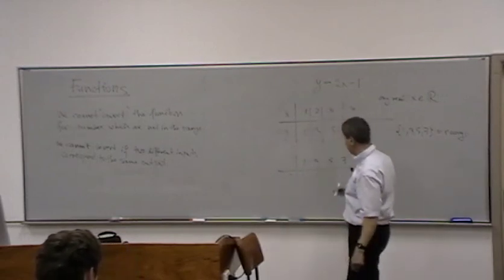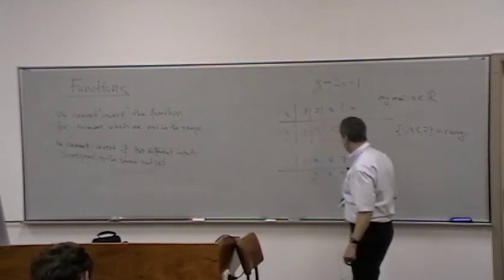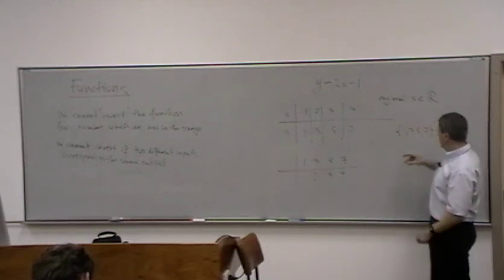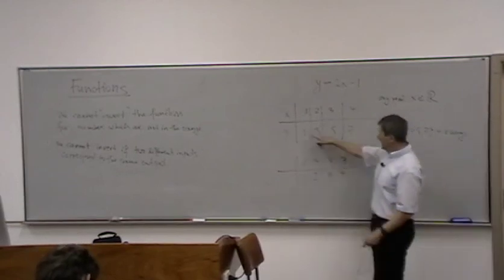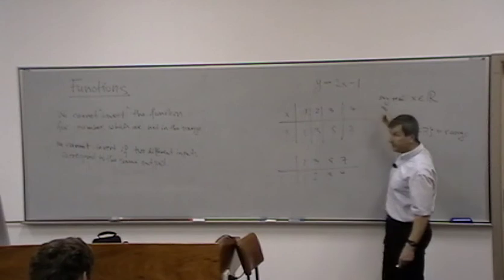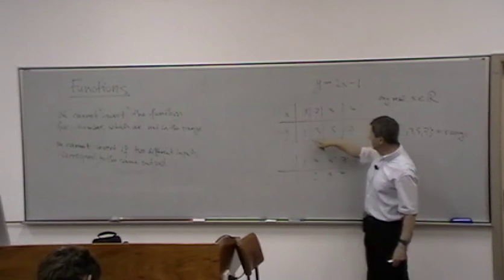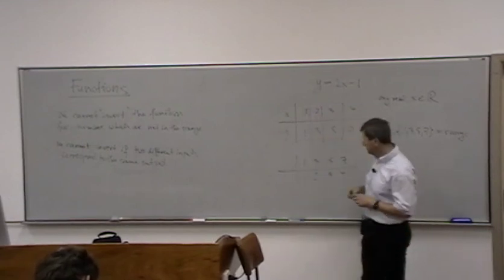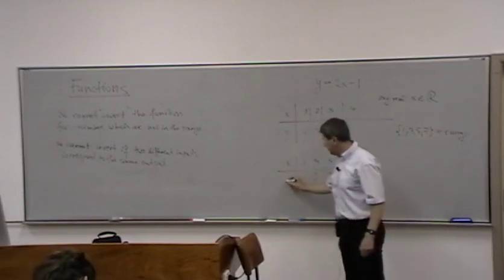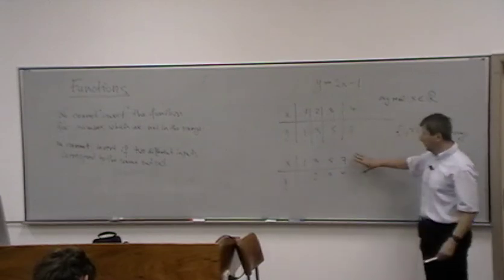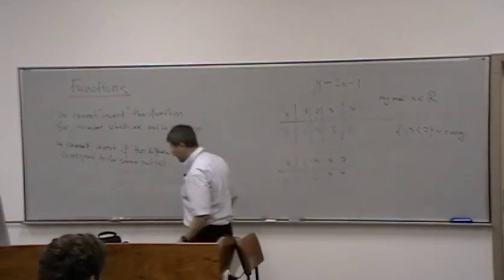The outputs became the new inputs, and the inputs became the new outputs: 1, 2, 3, 4. So if we want to define the inverse function on the range, then we just read the table in the opposite way. And here it works because different inputs have different outputs. No output is repeated here. So in this case, we again denote the input by x and the output by y. All we have to do to invert the function is read the table in the opposite way.